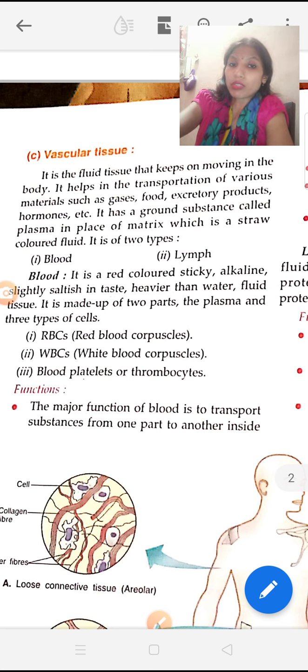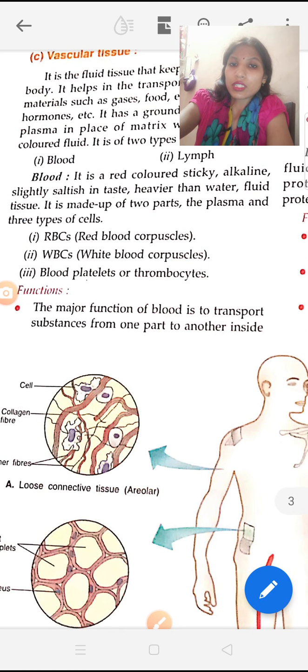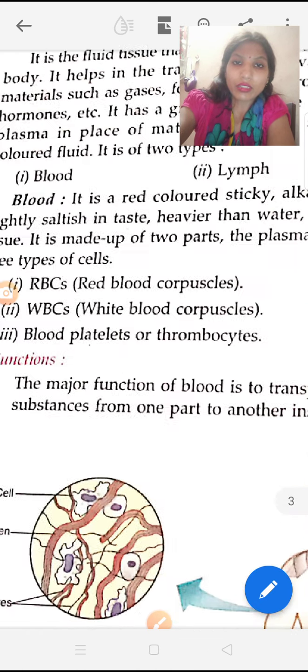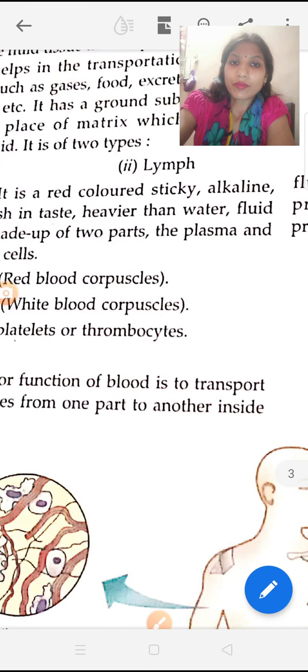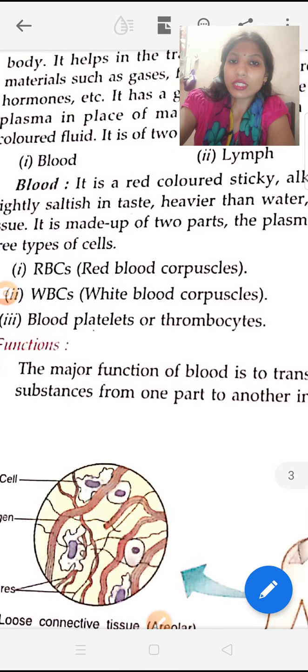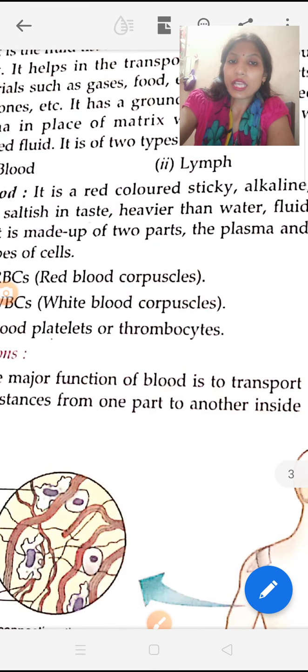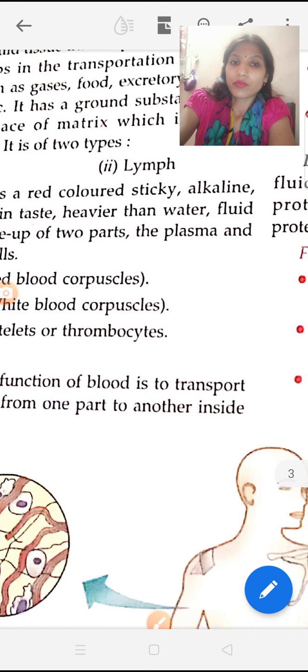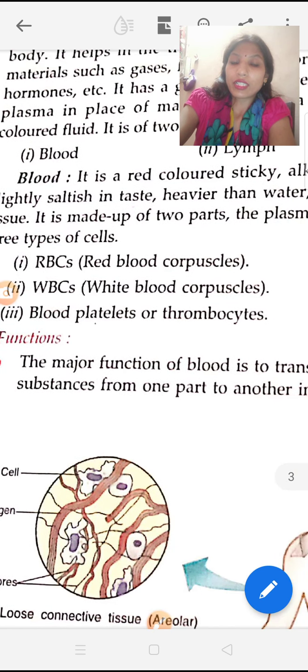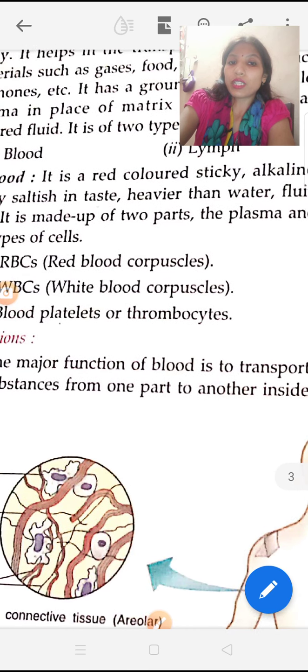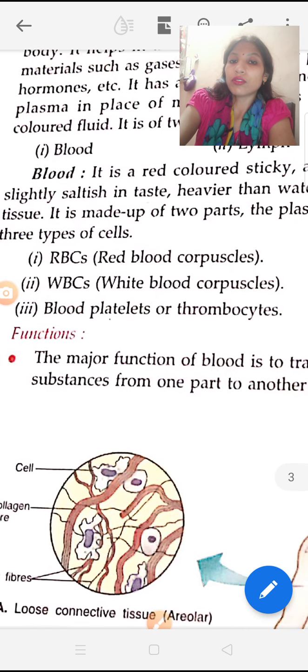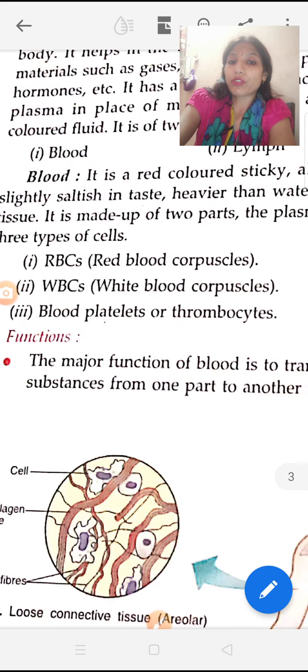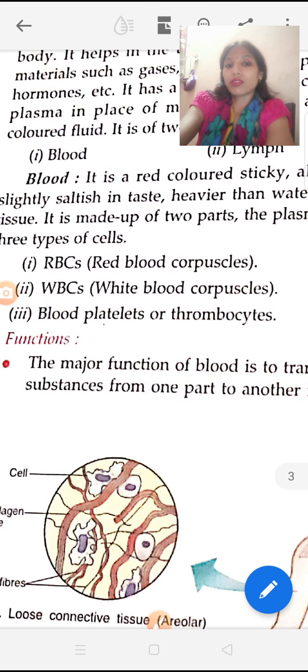If we talk about the blood, it is red in color, sticky, alkaline, saltish in taste, and it is heavier than water, right? And it is made up of two parts, the plasma and the cells. Three types of cells: the RBCs, WBCs, and the blood platelets.